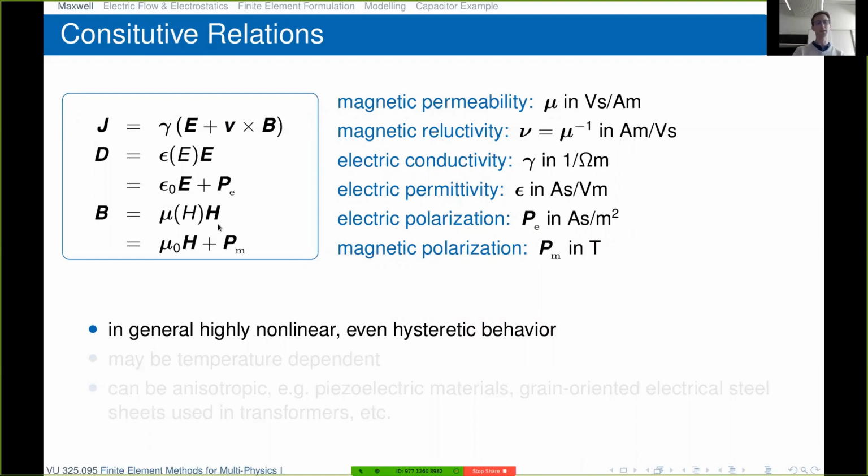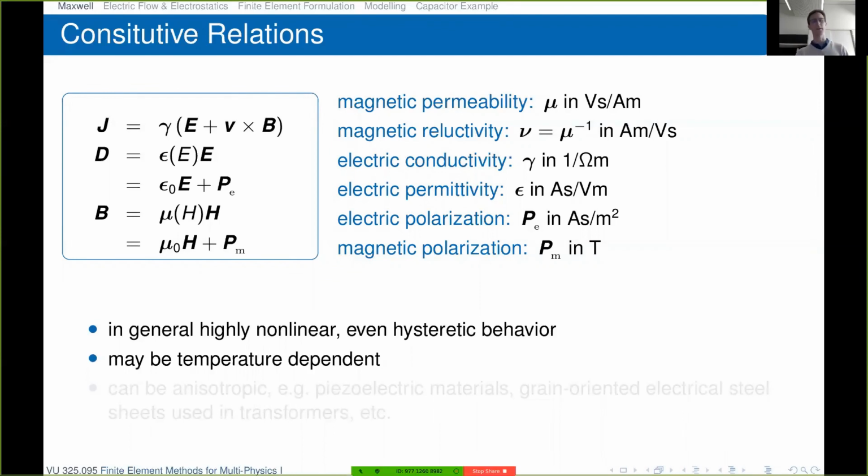In general, these equations are highly nonlinear. So the electric polarization and the magnetic polarization are usually field dependent. It's also often the case for magnetic materials that we have hysteretic behavior.